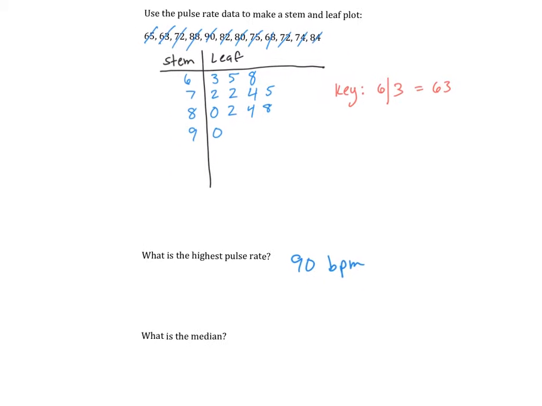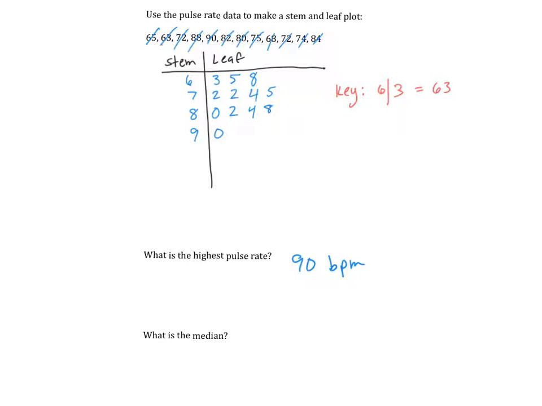Then we also want to figure out what the median is. We're going to figure out the median by crossing off numbers. We have 90 as our max and 63 as our min, and they're already in order from least to greatest. So we will cross each number off with its partner.